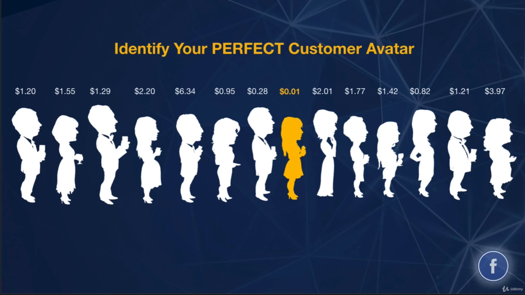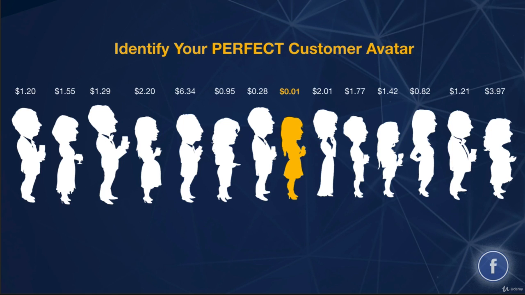So maybe a male 40 to 50 who likes watching Oprah, for example, costs $1.20 for one sale on average. And then it might be the woman next to him, who could be a woman in her late 70s who likes to drink Scotch whiskey. That demographic costs $1.55 a sale.